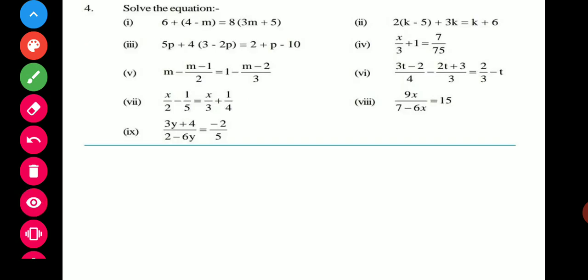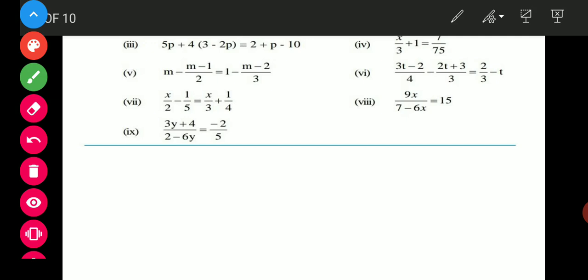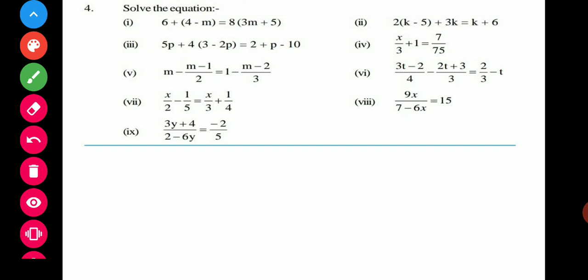Now come to the second part. This one is your second part. We have to write this one. 2k minus 5 plus 3k is equal to k plus 6.